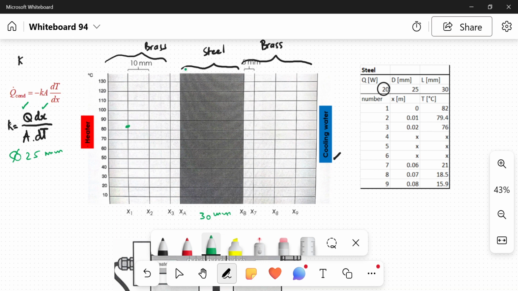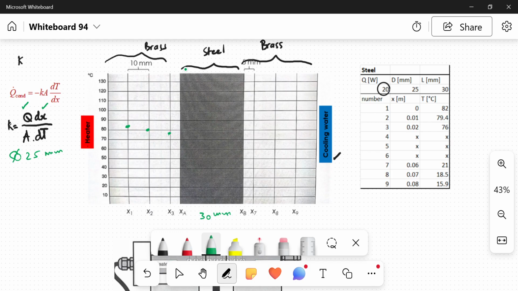At sensor 2, the temperature is 79.4, roughly 80, so let's take it over here. At sensor number 3, we have temperature 76, somewhere over here. Those are the first 3 sensors on the heater section.